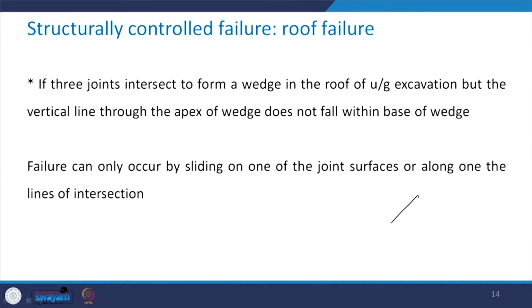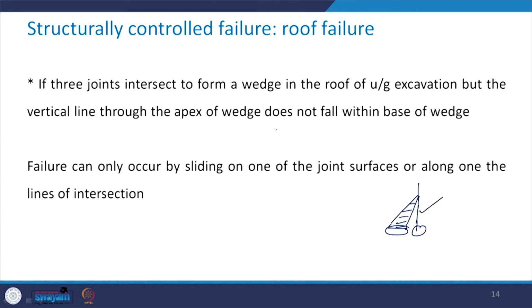Now, if that condition is not satisfied, you can have a situation like this: this is the wedge that is being formed, and this is the apex, and you see that the vertical line from the apex is not within the base, base is here and it is outside the base.